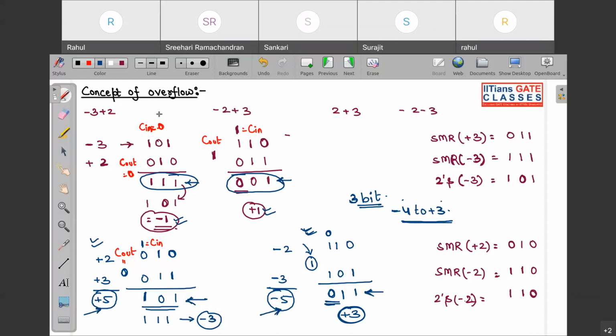Now how to detect overflow? Look here very carefully. If C in XOR C out is equal to 0, then no overflow. So this part I am erasing now, it is not required anymore.